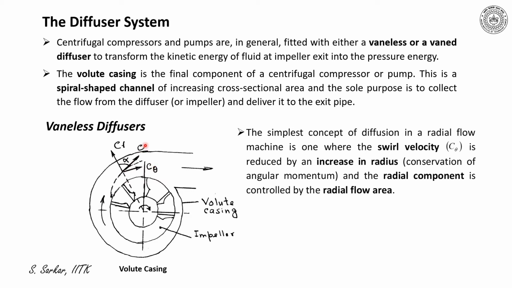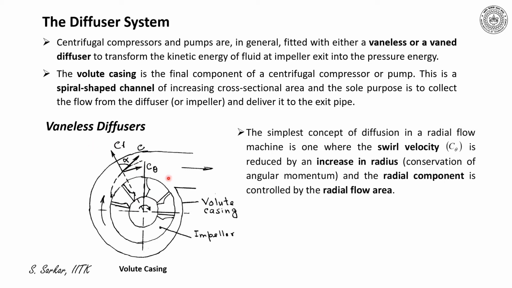Now, this C, the absolute velocity, has two components: C theta, the tangential component, and CR, the radial component. The absolute velocity C makes an angle alpha with respect to the radial direction.